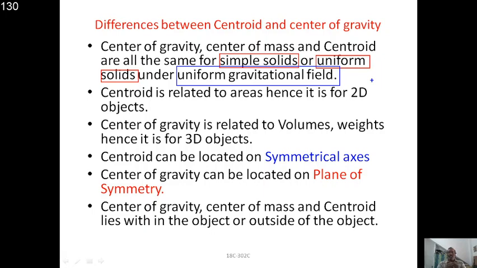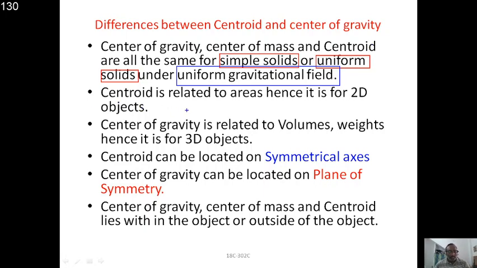In some cases, the center of mass and centroid will not be equal. In that case, if the center of mass is in a uniform gravitational field, then it also becomes the center of gravity. If a non-uniform gravitational field is there, in such cases, the center of gravity and center of mass will both be different. It also depends upon the orientation.